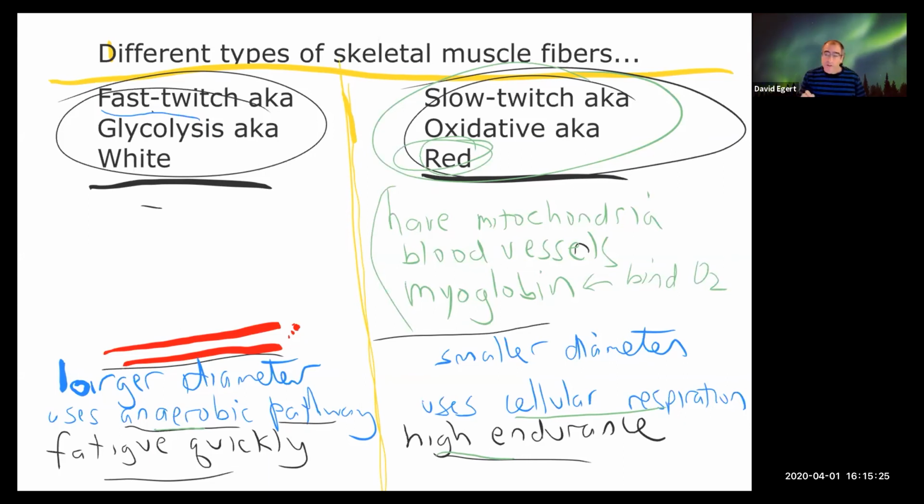For fast twitch, what are we going to have instead? They're going to have lots of creatine phosphate, which is going to be used for the phosphagen system. What do you need to have a lot of directly if you're going to be doing glycolysis?